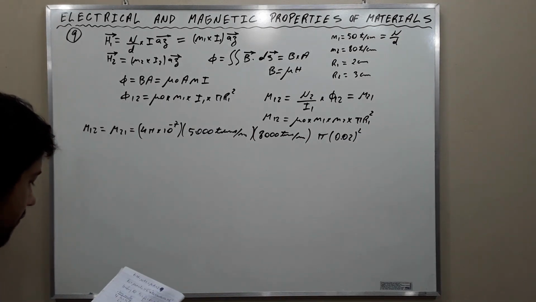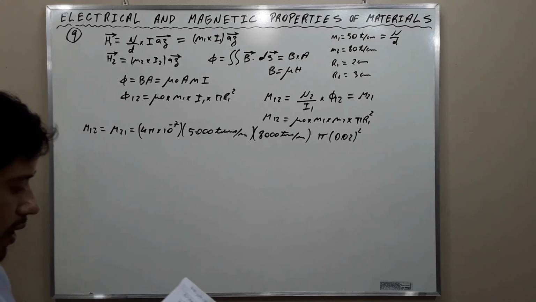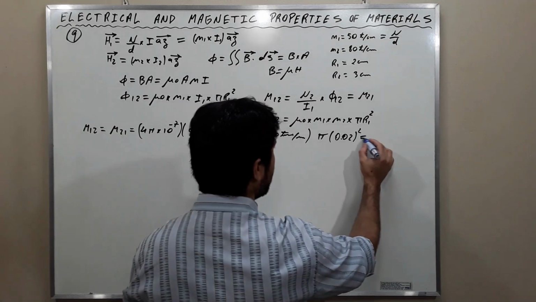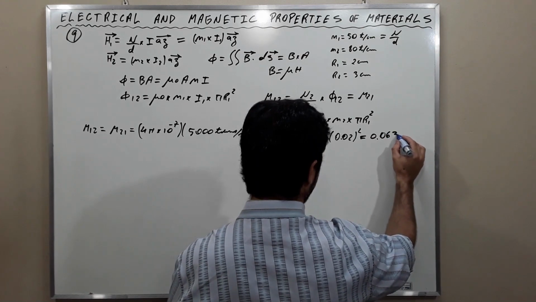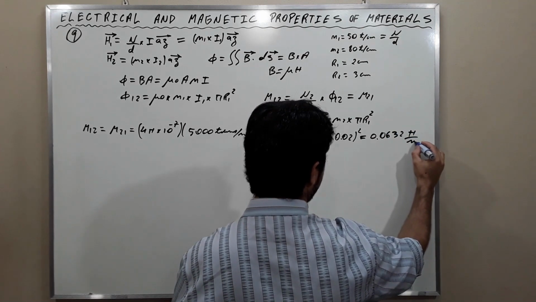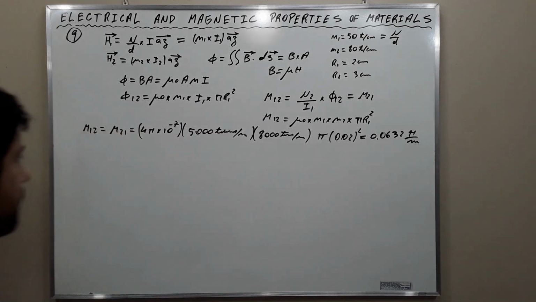And this gives a value of mutual inductance of 0.0632 Henry per meter. All right? And this is the mutual inductance.